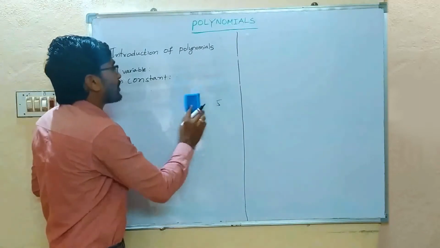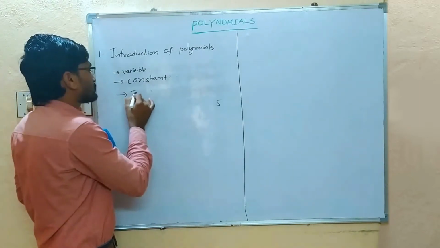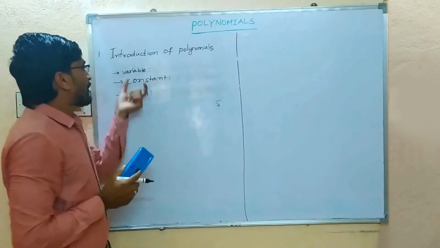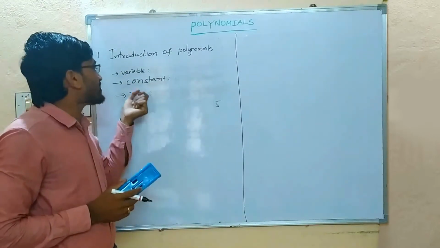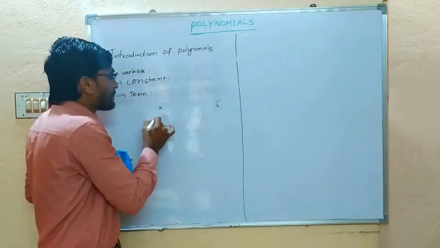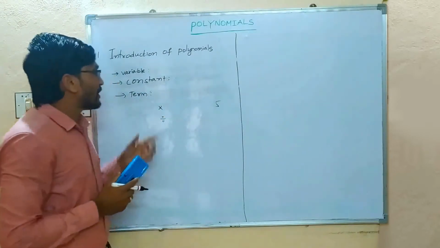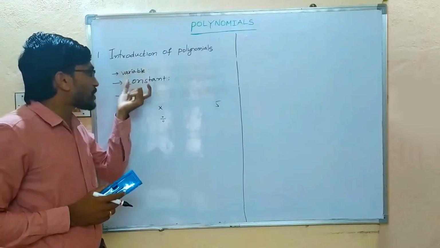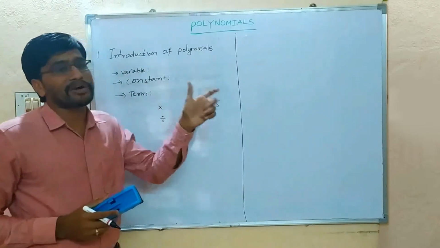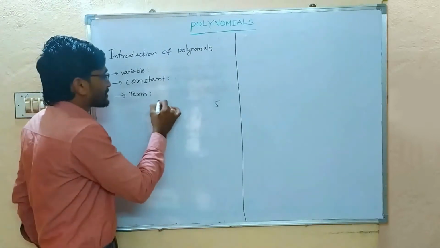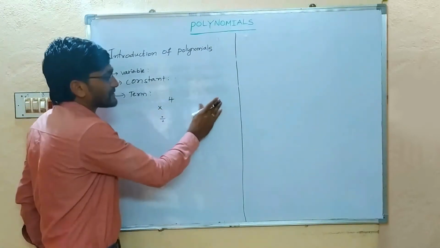Next, what is a term? Variables alone or constants alone, or their combination by either multiplication or division, is called a term. Means for suppose I want to consider 4 is a constant.